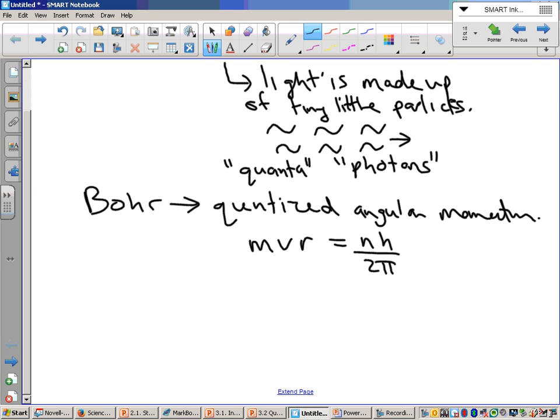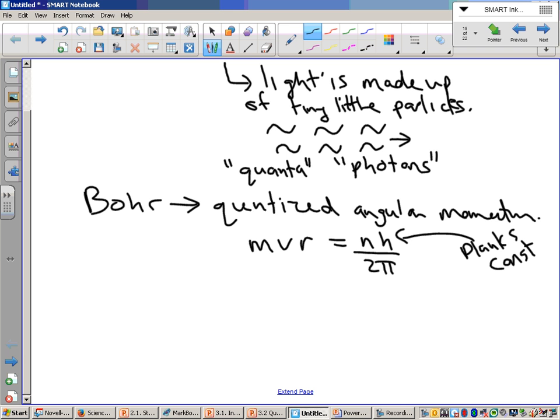All right. Now, the 2 pi comes from the fact that it's going in a circle, and this h here, and you will talk about it in physics later on, is called Planck's constant. And it is named after Mr. Planck that we just saw up above. He actually came up with the energy for light using this Planck's constant.